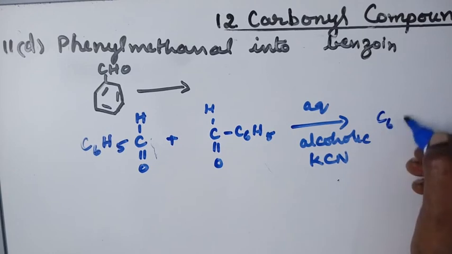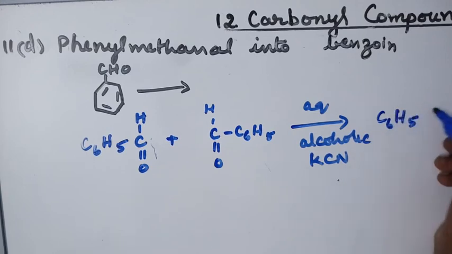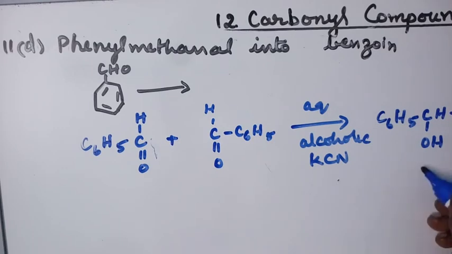So it is C6H5, C, CH, OH, C double bond O, C6H5. This is benzoin.